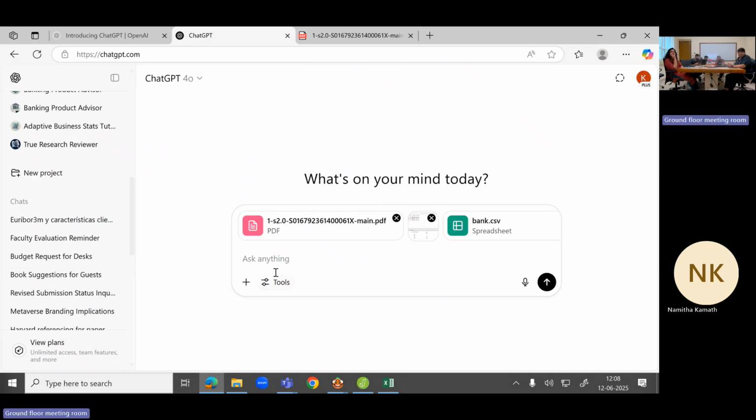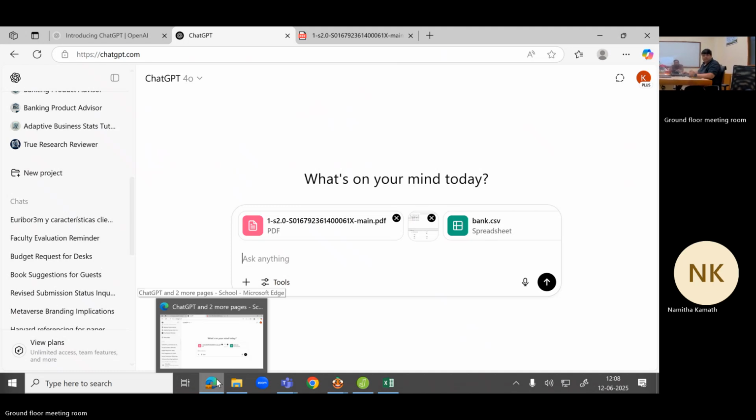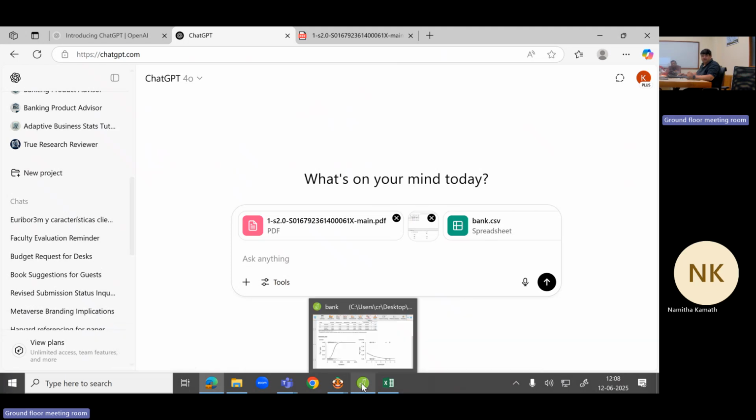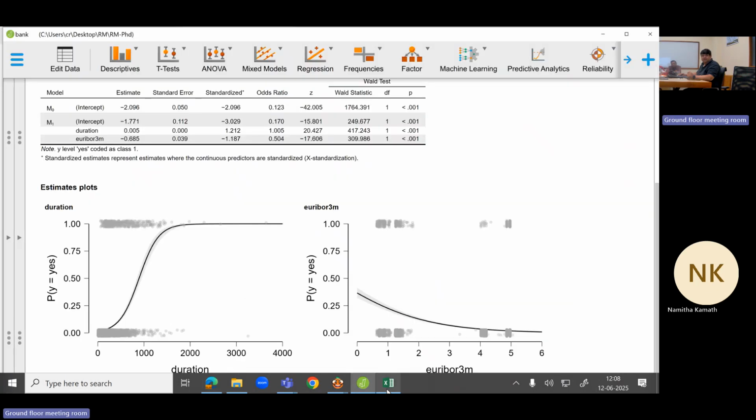Apply this. Then anything else you want to supply? You have something from JASP. Okay. Yes, you can supply these results.